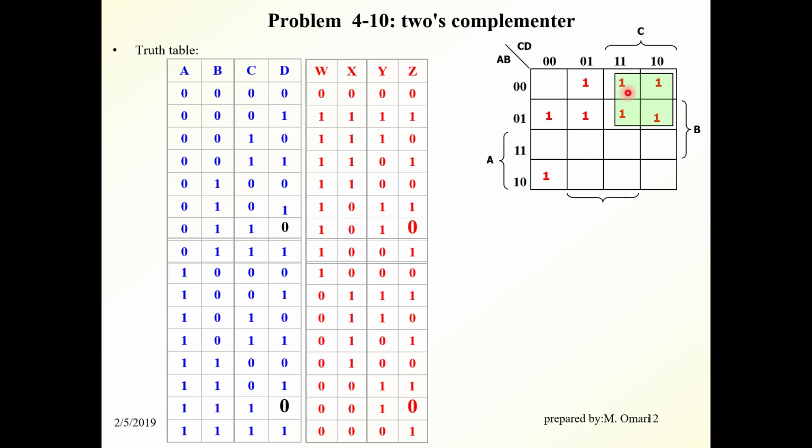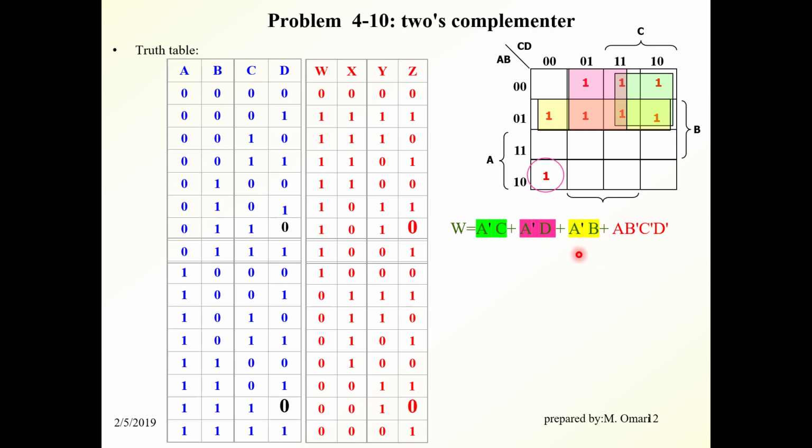Now we start grouping the minterms. We have this green group first, and then we have this group together. We include this one in this group, and this minterm comes in a group by itself, and we result in W equal to A bar C for the green group, and this here will end up with this term. The yellow one here will end up with the yellow term here, and this minterm stays the same.